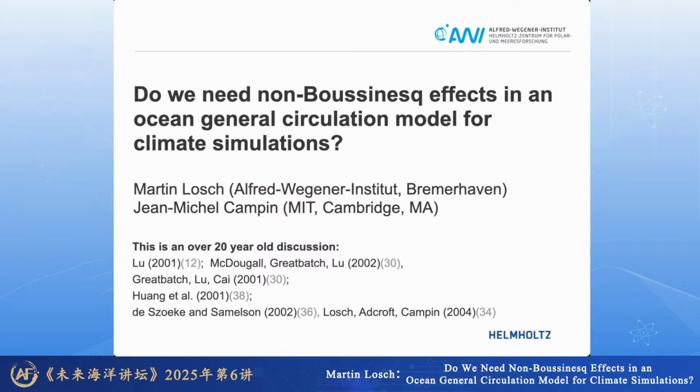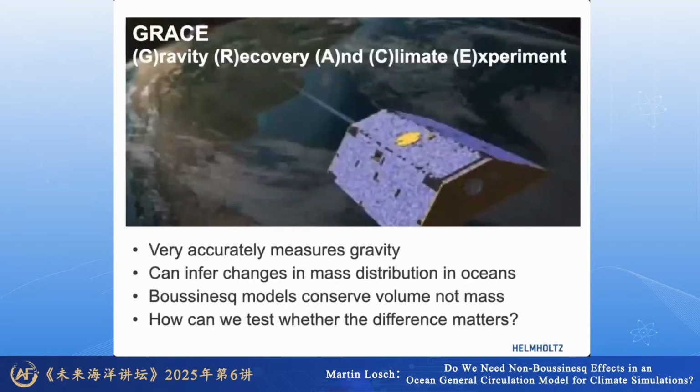The motivation for this discussion back then was that there was a satellite mission looming, supposed to start in 2005 or 2006 or something like this, the Gravity Recovery and Climate Experiment, GRACE. This is a satellite mission that was set up to measure gravity very accurately. With gravity, you could then estimate mass and changes of mass distribution of the Earth. The new thing about this was that it was now super accurate.